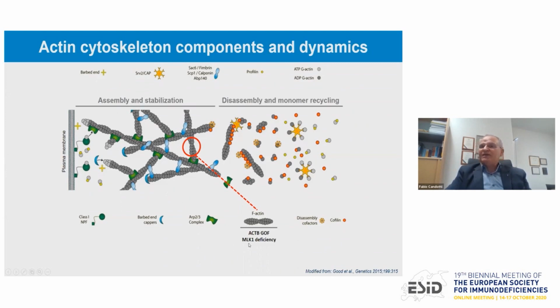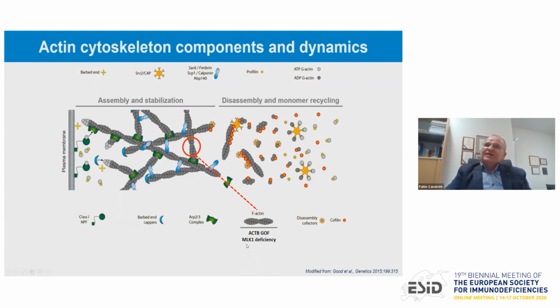And mutations in the transcription factor MKL result in a reduction of actin expression. Both these conditions lead to immunodeficiencies that present with recurrent infections, thrombocytopenia, and defective actin polymerization and production.